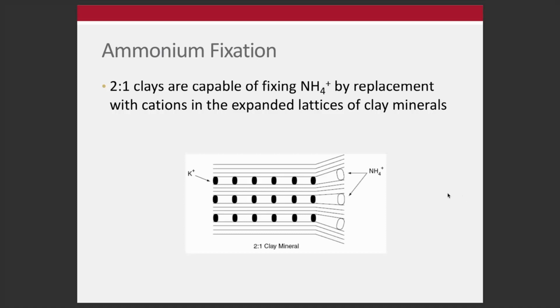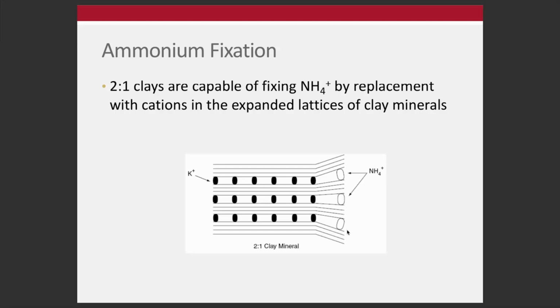Now ammonium can be held superficially on exchange sites, and it can also be held more intimately in these clay layers. Things like vermiculite and micas behave in this way. Clays vary in their ability to fix ammonium, but 2 to 1 clay minerals are much more likely to behave this way than 1 to 1 clay minerals.